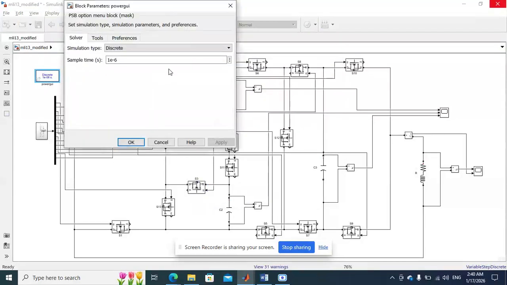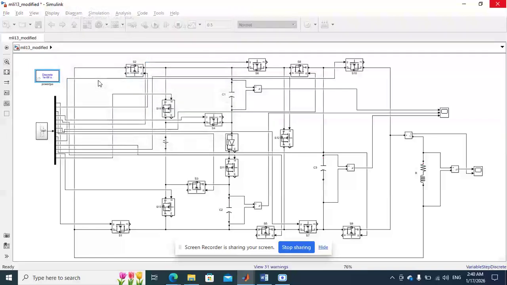Here we can check the THD with the help of the FFT analysis tool.